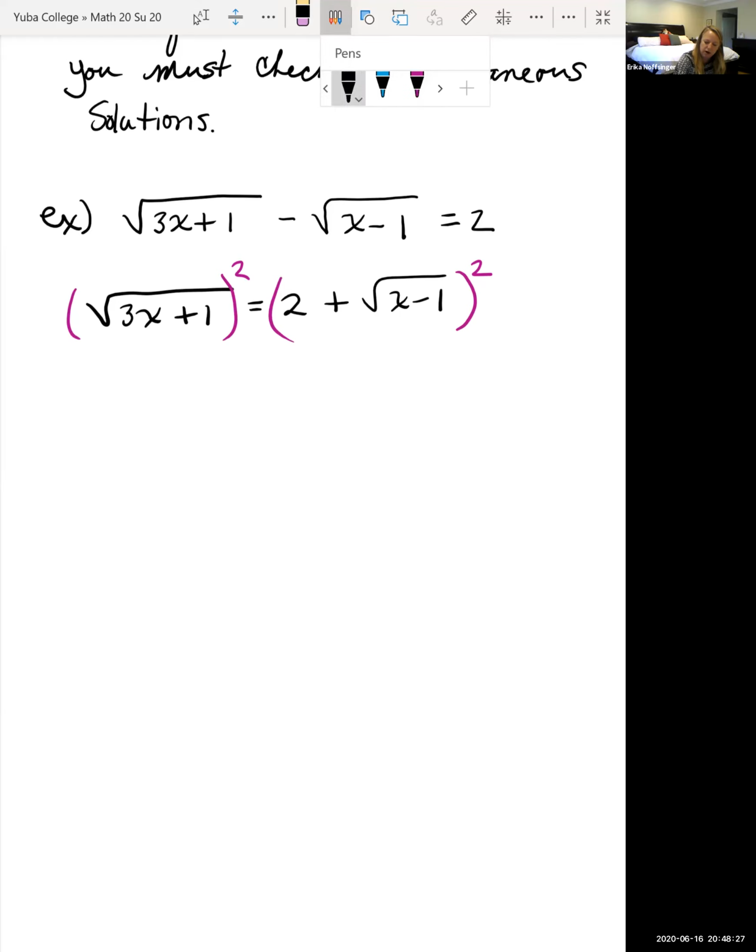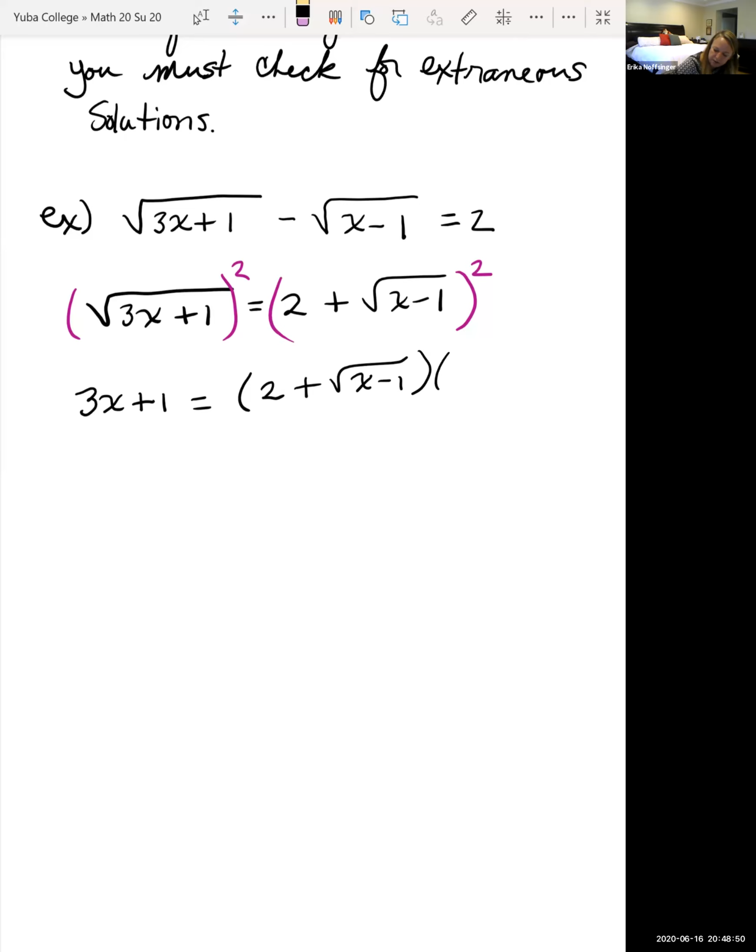So the square of the square root, that cancels. We're left with the radicand, which was 3x plus 1. But here, this 2 plus the square root of x minus 1, this is 2 terms. We need to distribute this out. We can't just square each term inside that parentheses. So we have 2 plus the square root of x minus 1, all times that parentheses 2 plus the square root of x minus 1.